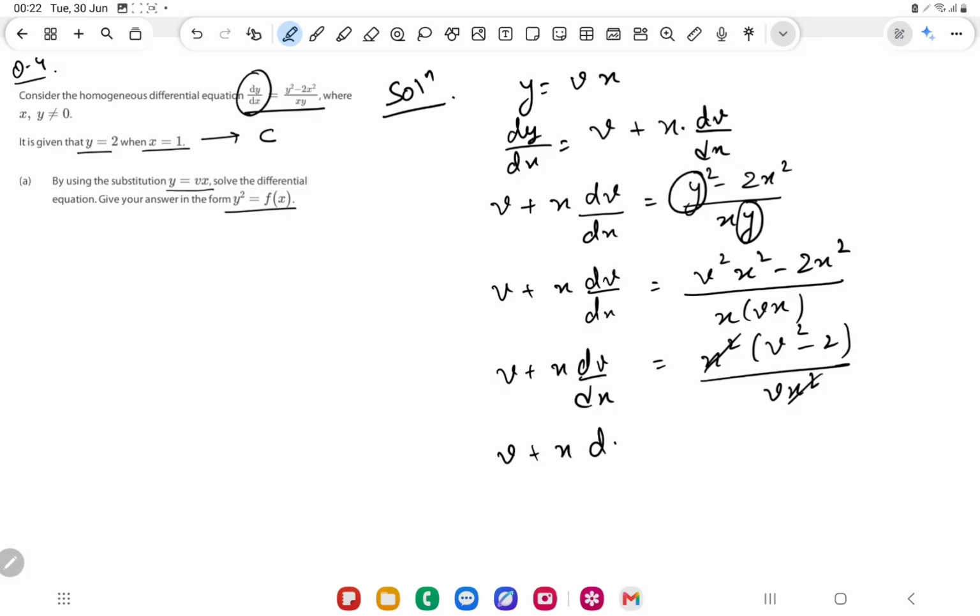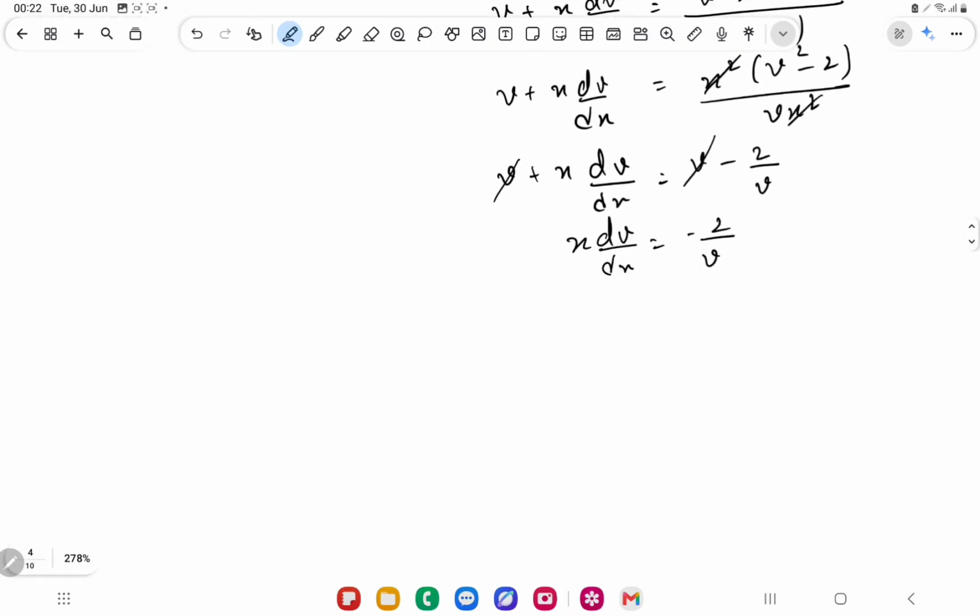So v plus x dv over dx, if I separate the denominator, it will be v minus 2 over v. So these two can get cancelled out. So I got x dv over dx as minus 2 over v.